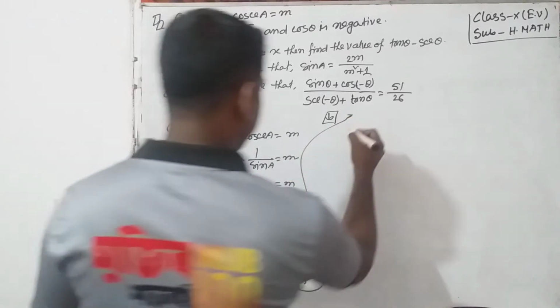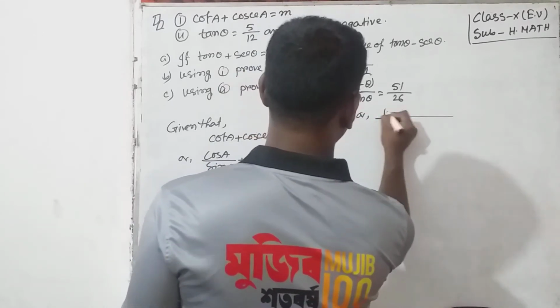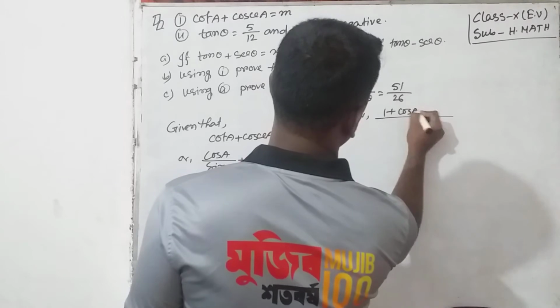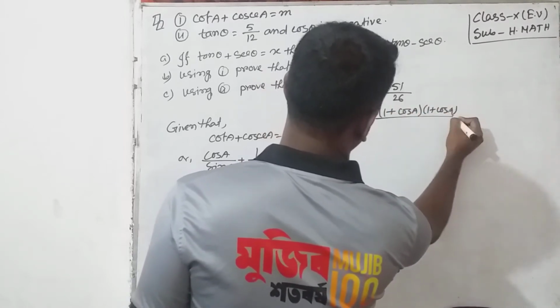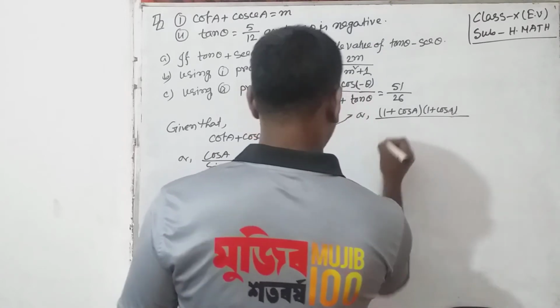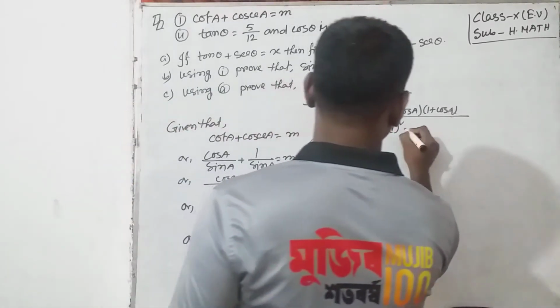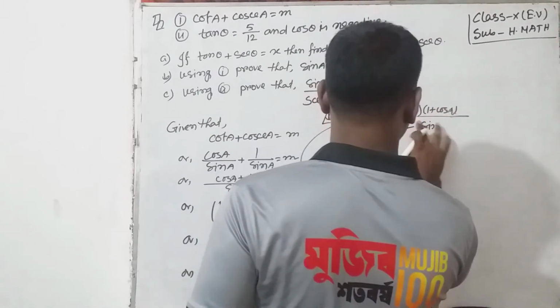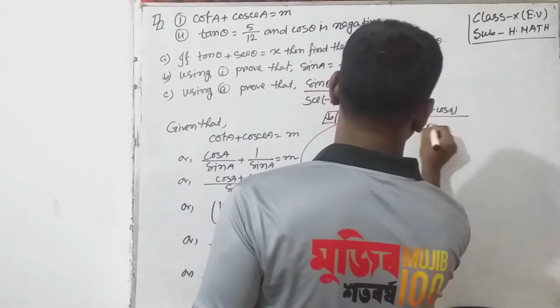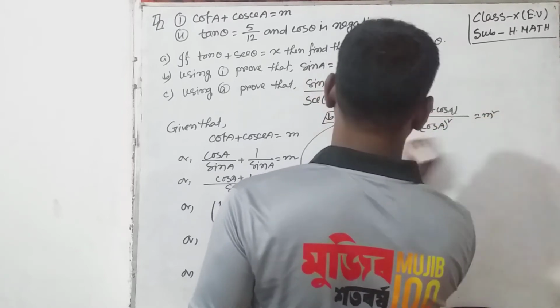Okay. Now we can write 1 plus cos A into 1 plus cos A over 1 square minus cos A whole square equal m square.